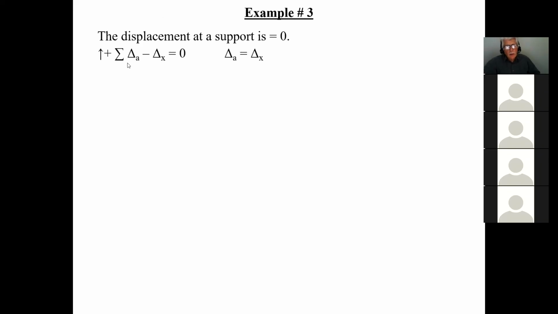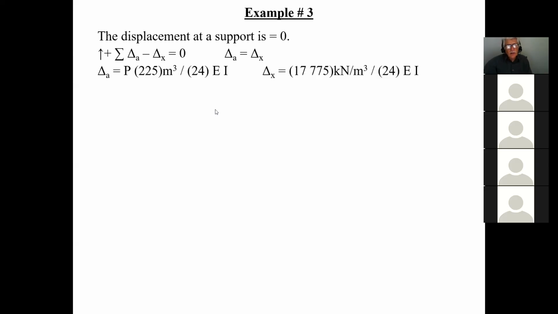So that means the displacement upwards minus the displacement downwards has to be equal to 0. What you're actually saying is that the deflection caused by the force at A and the deflection caused at X by the distributed load should be equal. In other words, the deflection going up and the deflection going down have to be equal.